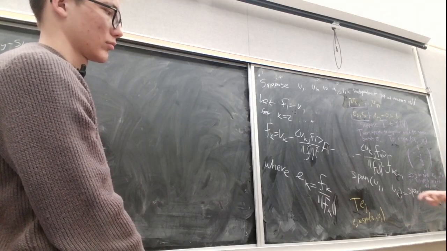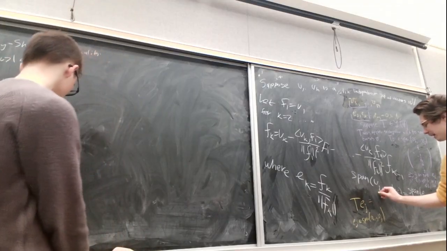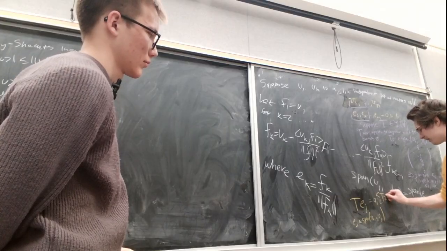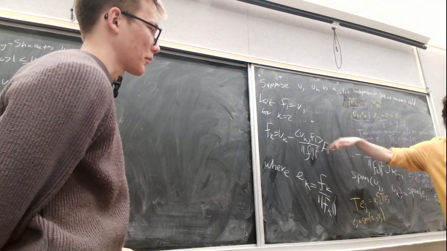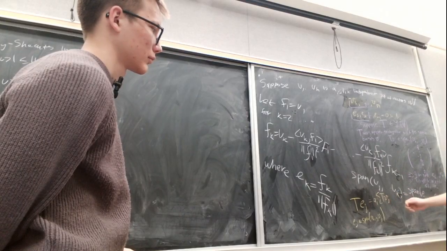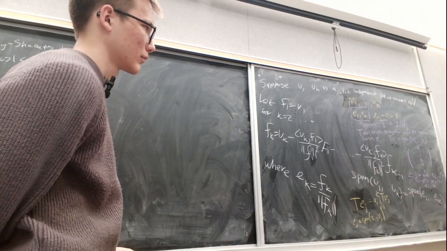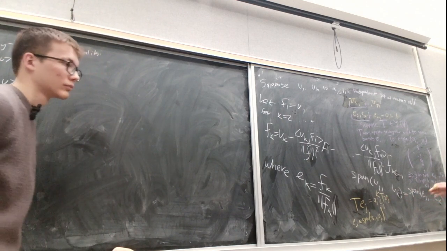Do you agree? So this means T Ej is equal to some linear combination of the Vi's, with coefficients given by whatever, i equals 1 up to j. Do you agree? But then each of these is in the span of V1 up to Vj.